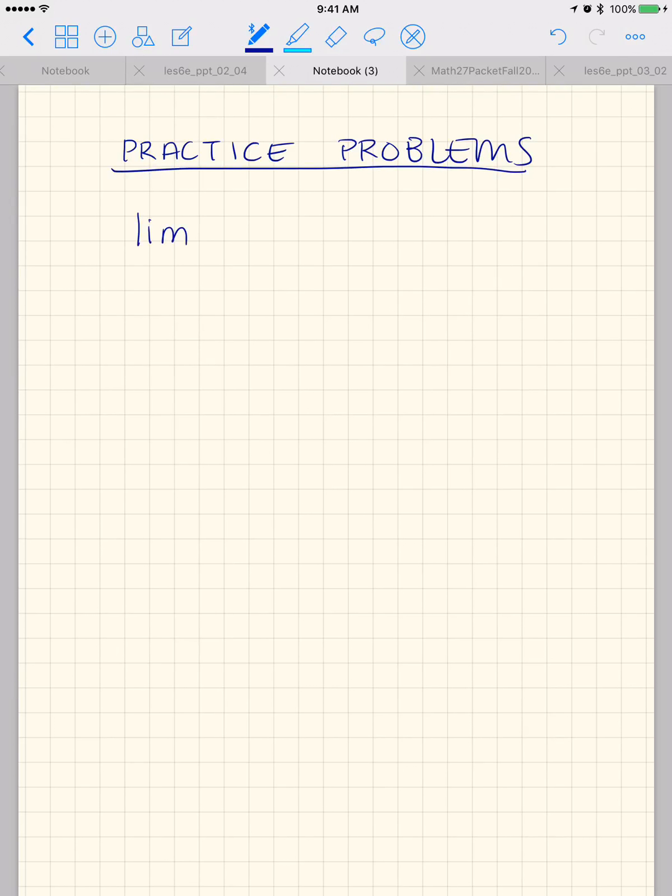Now, the last thing I want to do is to give you some practice. So here's some practice problems, because practice makes perfect. Practice problems are, consider this, the limit as x goes to 0 from the right of x squared minus 9 over 2x squared plus 1.